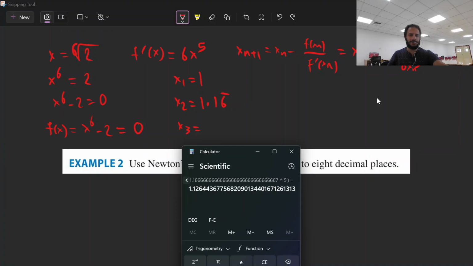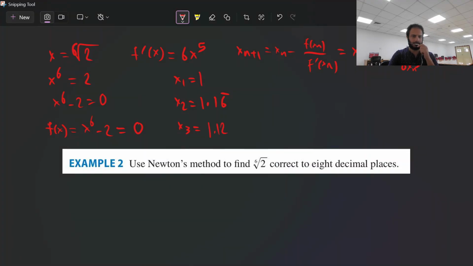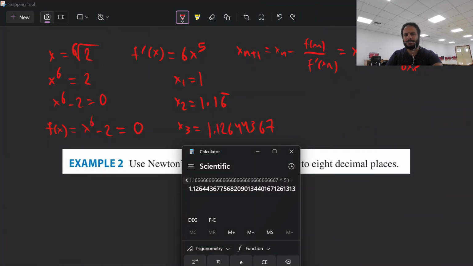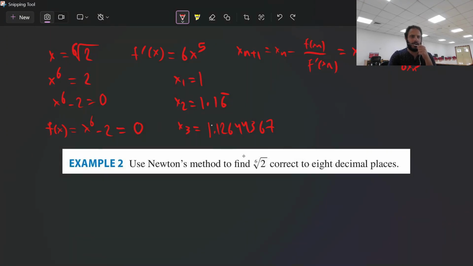You get this number. Write 8 digits, okay? Because we need correct to 8 decimal places. Is it correct like this? Yes, it's good.